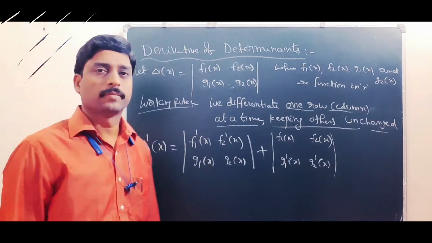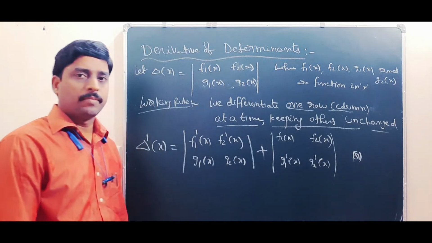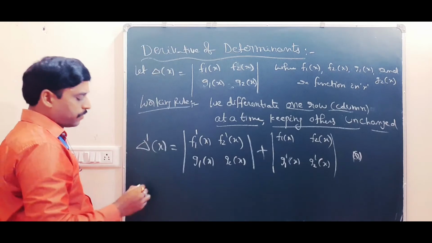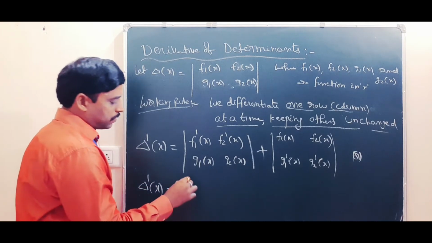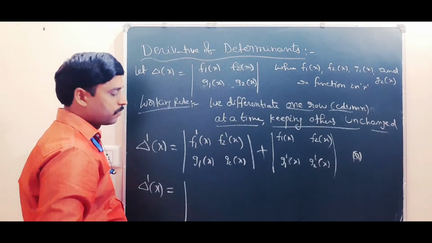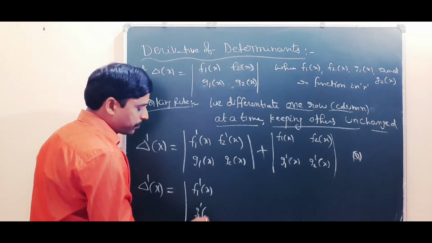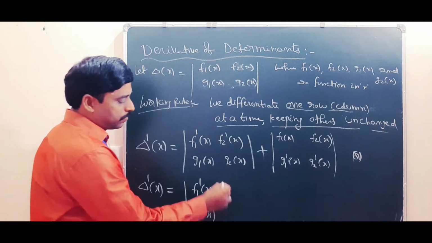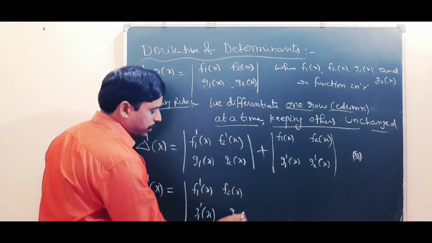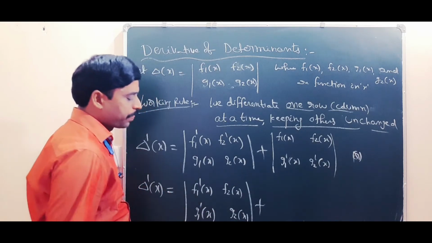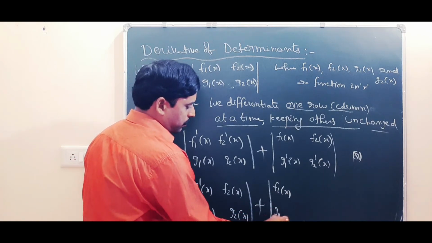Okay, or let us take column differentiation. Delta dash of x equal to: differentiation of first column will be f1 dash x, z1 dash x, keeping the second column unchanged, f2x, z2x, plus first column written as it is, f1x, z1x.